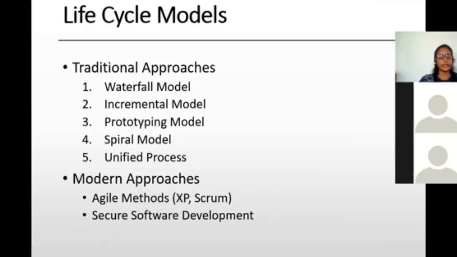So waterfall, incremental, prototyping, and spiral under traditional approaches. And when it comes to the modern ones, we can say agile and secure software development. So at the latter part of the lecture series, as the last lecture, we are going to do agile. So no need to worry. And secure software development we are not going to introduce at the moment, but if you prefer, you can refer to those.